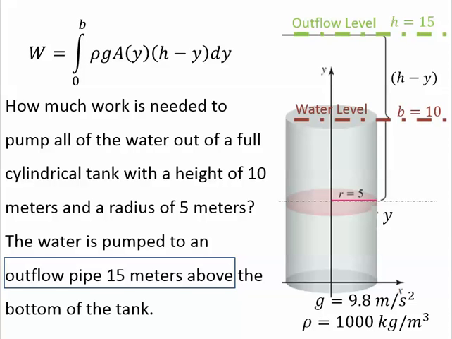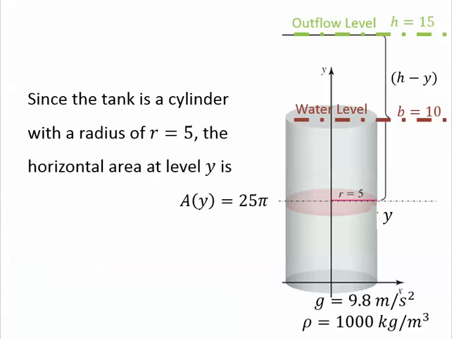The outflow pipe is 15 meters above the bottom of the tank, and we positioned the x-axis at the bottom of the tank. Since the tank is a cylinder with a radius of 5, the horizontal area at each level is just pi r squared, or 25 pi.